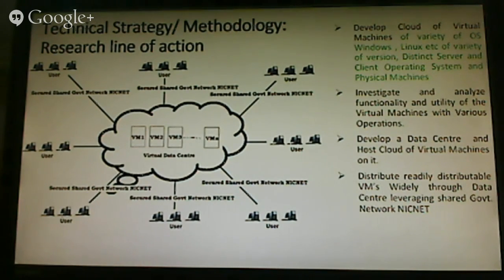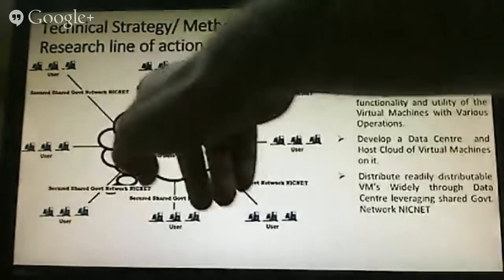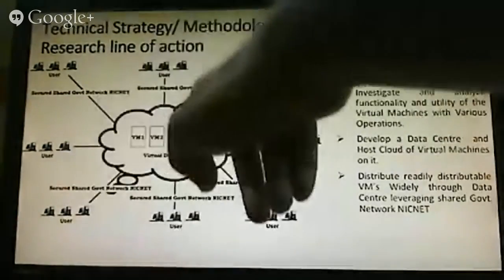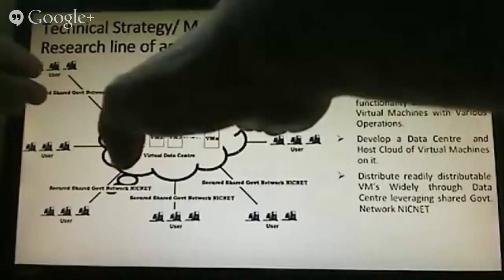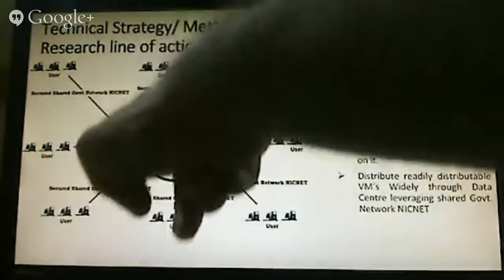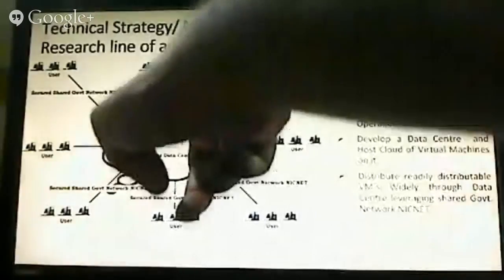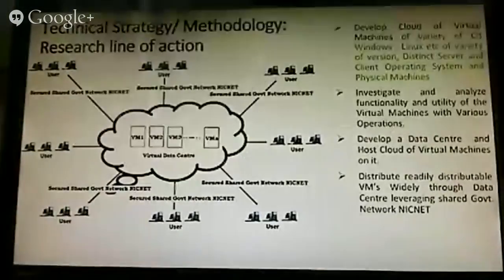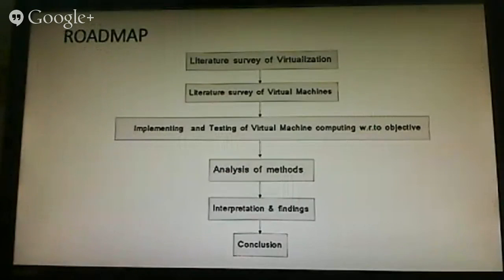Then next step is to develop a virtual data center and to host this cloud of virtual machines on this data center. Next is to distribute all these readily distributable virtual machines widely through this data center, leveraging the secured shared government network, that is NICNET.